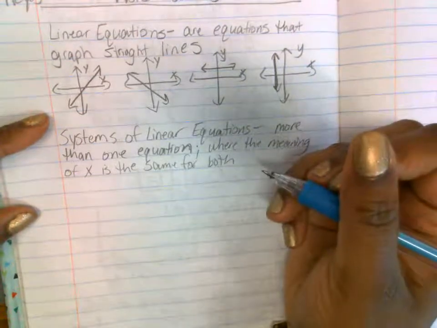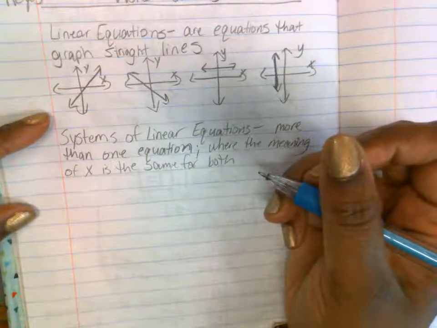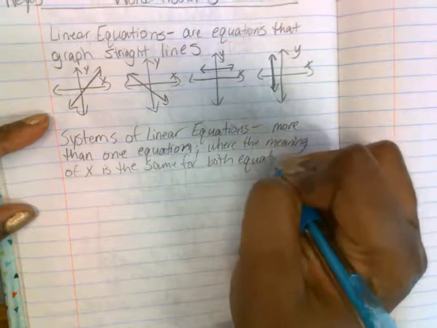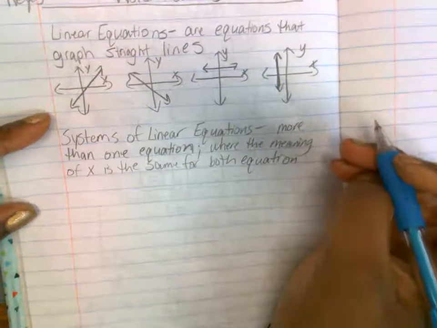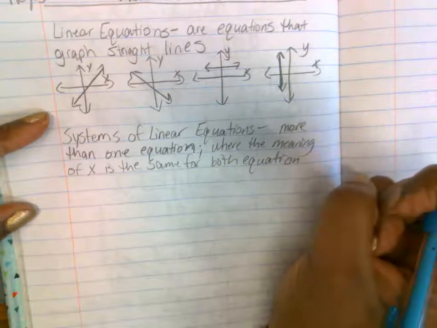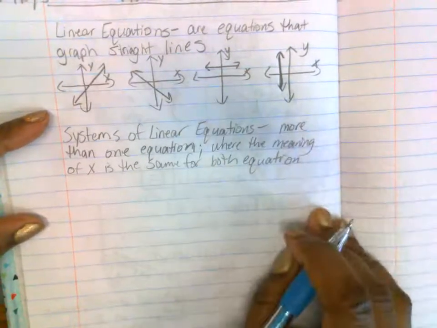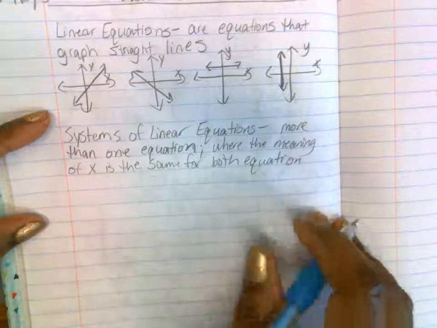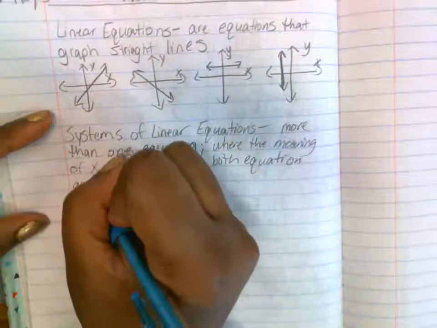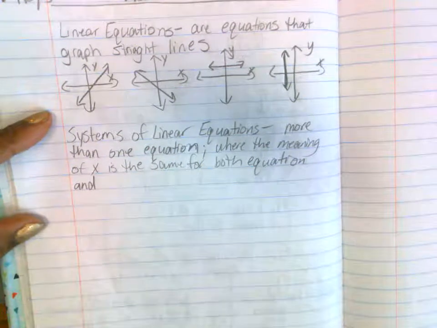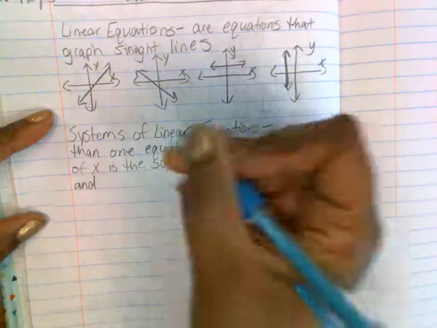In this case, because we're only doing 2 equations for these systems, I'm going to say for both equations, okay? But just know a system can be more than, it can be 3, 4, 5, 6 equations. But we're only going to be dealing with 2 equations at a time. And the meaning for y is going to be the same in both equations.